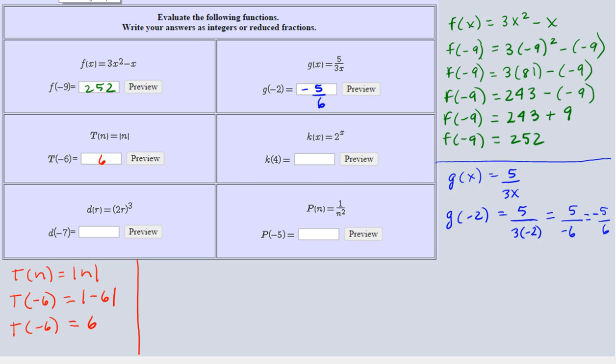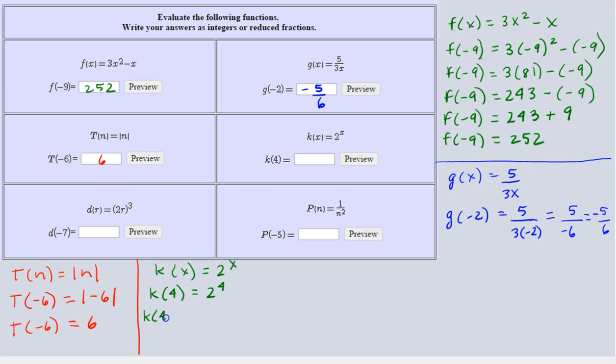Let's look at the next one. K of x equals 2 raised to the x power. And we're given an input of 4. We're asked to evaluate the function k when the input is 4. So we have k of 4 equals 2 to the 4th power.